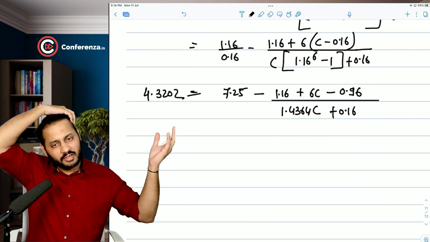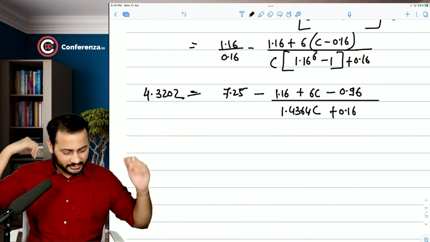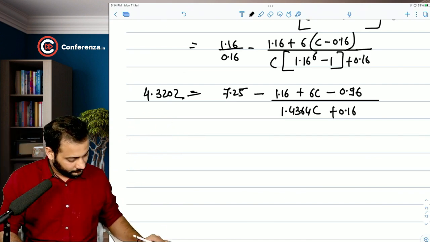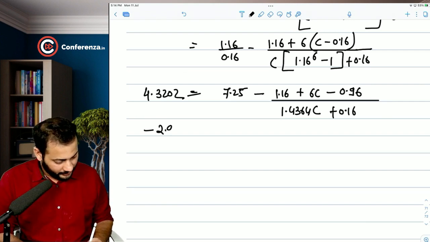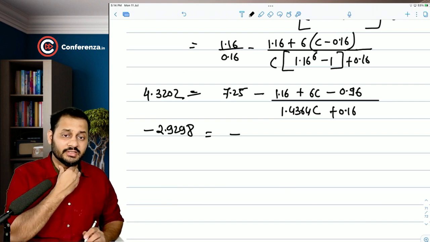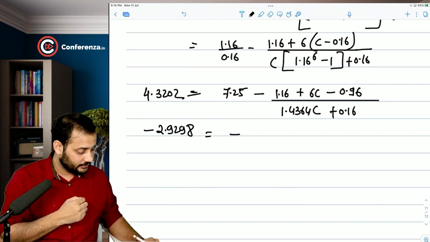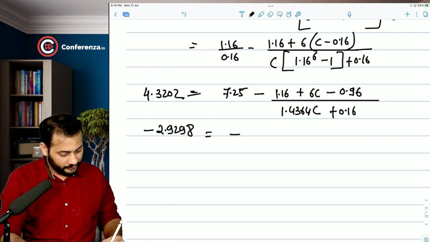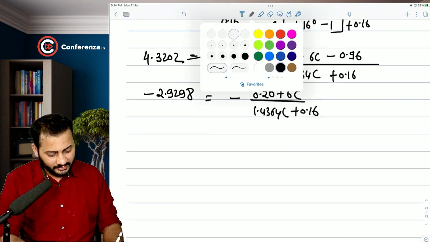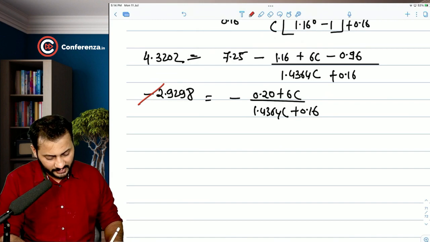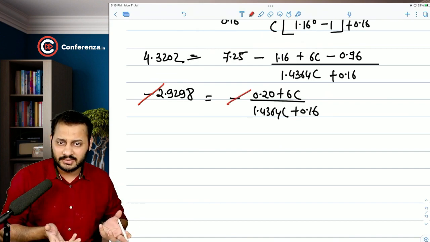First of all, transfer this 7.25 to this side. The answer will be minus 2.9298 is equal to minus the numerator, which is 1.16 minus 0.96, that is 0.20 plus 6C, divided by 1.4364C plus 0.16. Now you can clearly understand that this minus and this minus will automatically cancel.